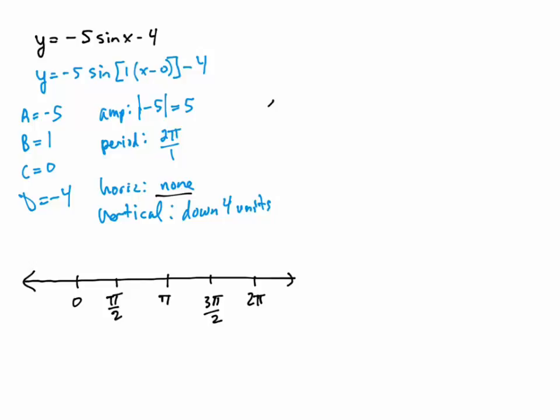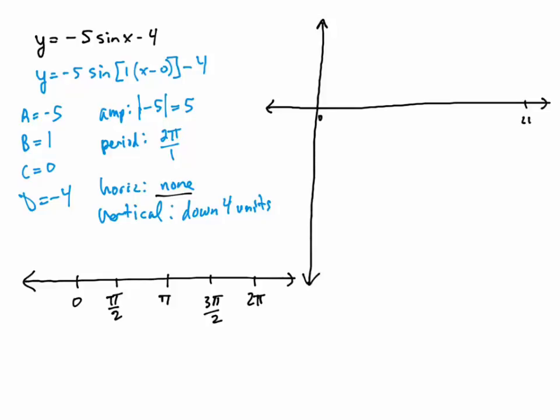So let's see what this graph is going to look like. Vertical axis, horizontal axis, so 0, we have 2 pi down here, halfway will be pi, and then the quarter marks, pi over 2 and 3 pi over 2.